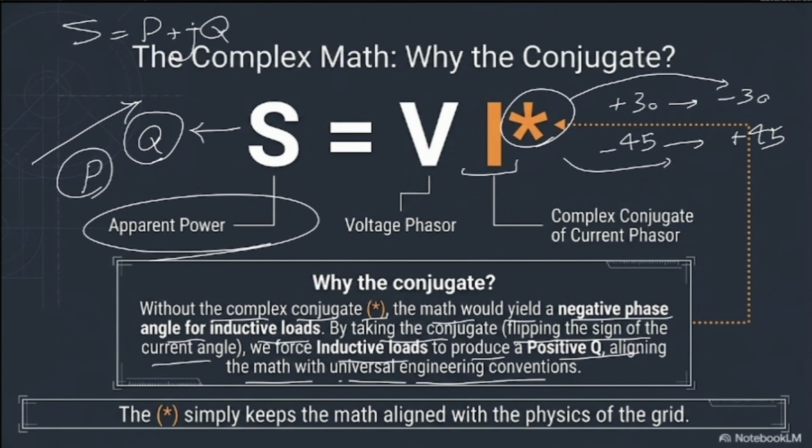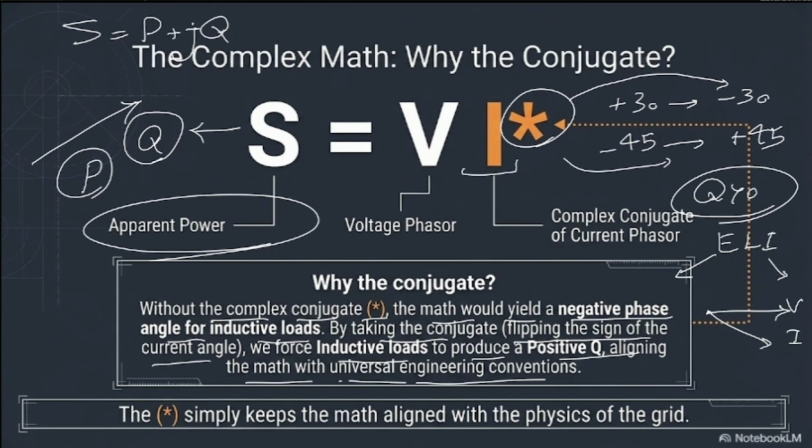So the idea behind that is very simple. We know that when Q is bigger than 0, our system is going to be what? Inductive. By inductive we mean we have the ELI itself. By ELI, voltage leads the current. And when voltage leads the current, the angle is going to be bigger than 0.